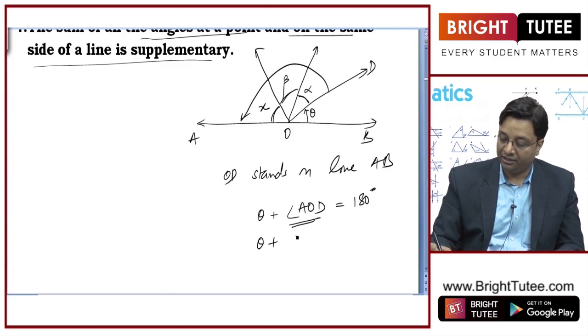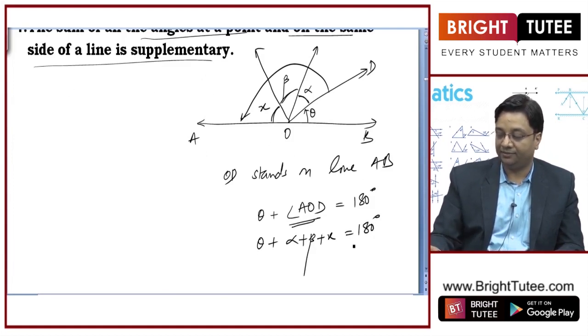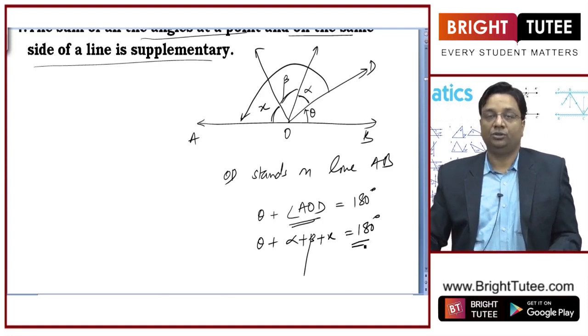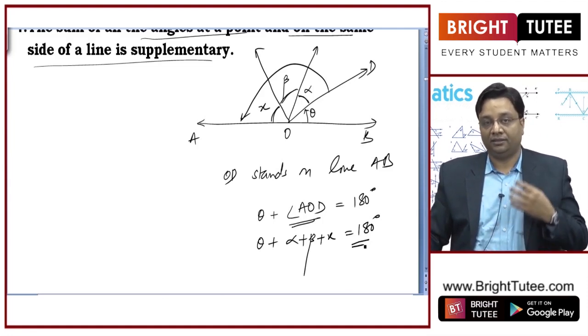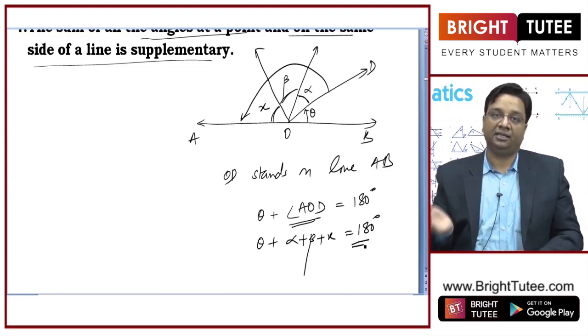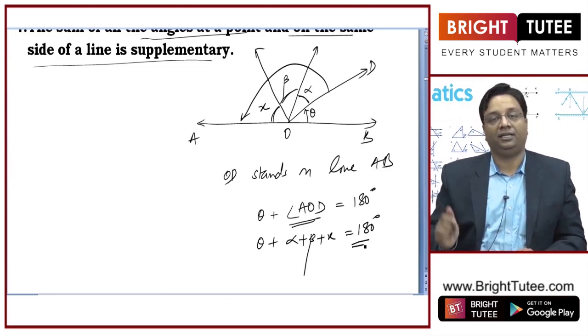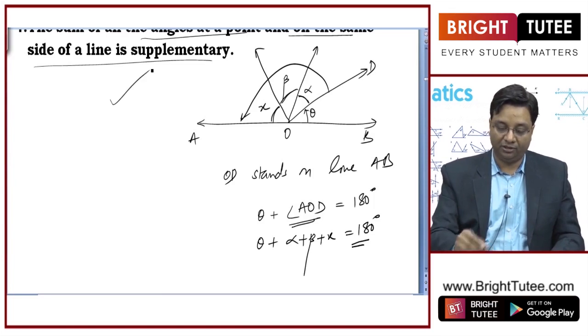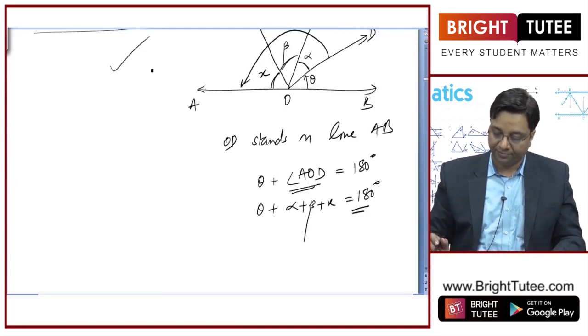So theta plus alpha plus beta plus x is equal to 180 degrees. So you can make as many angles as you want on one side of a line, and the sum of these angles is going to be equal to 180 degrees. This is what this theorem says.